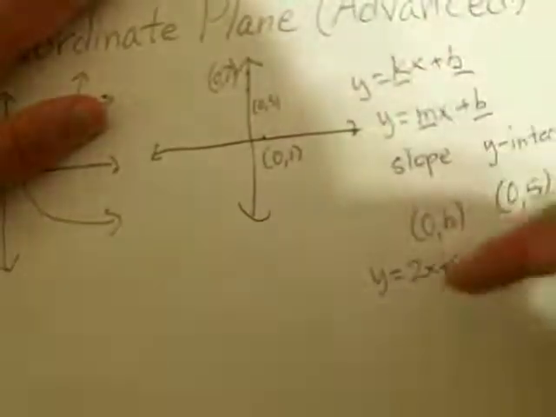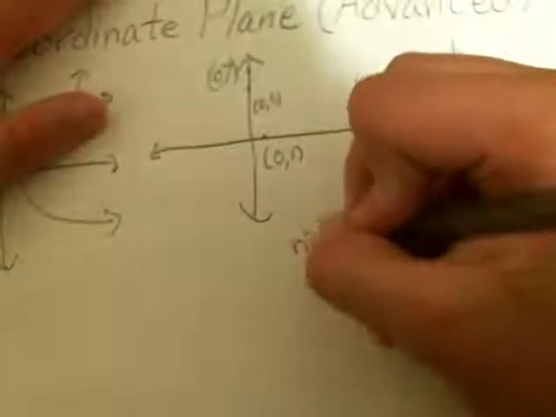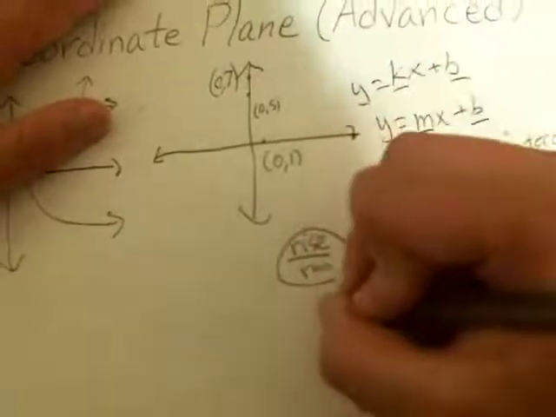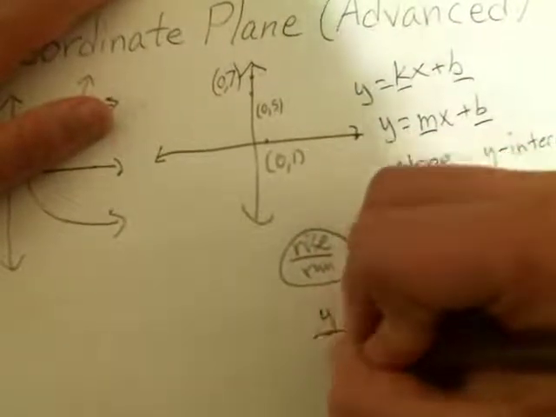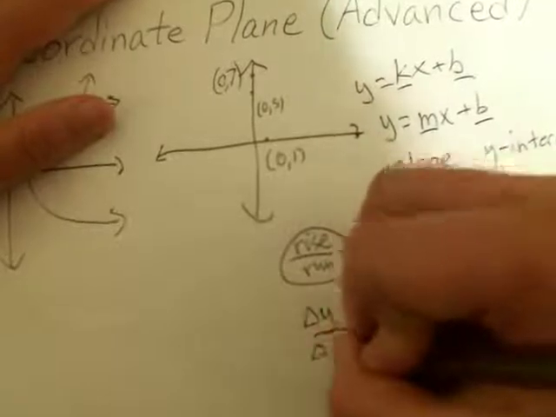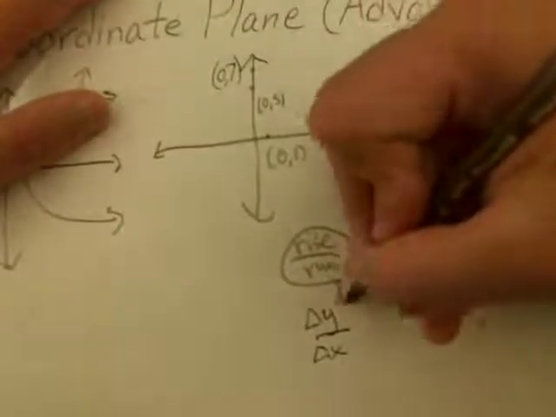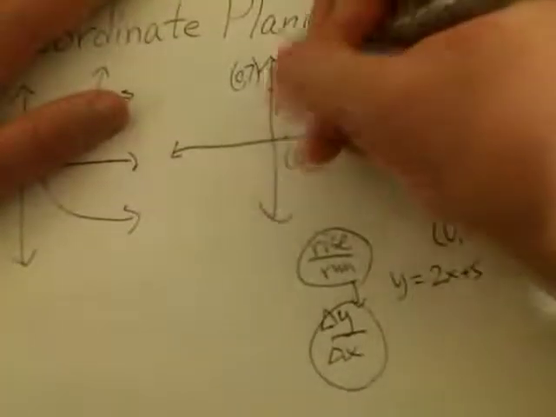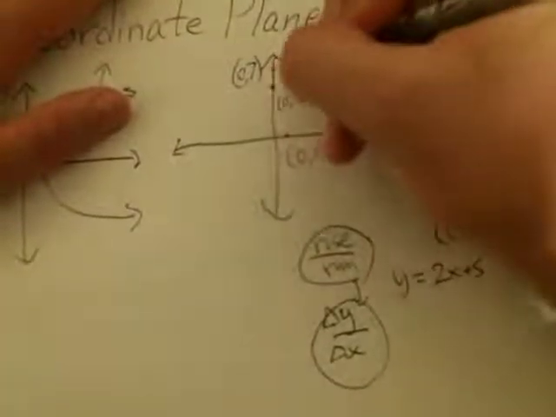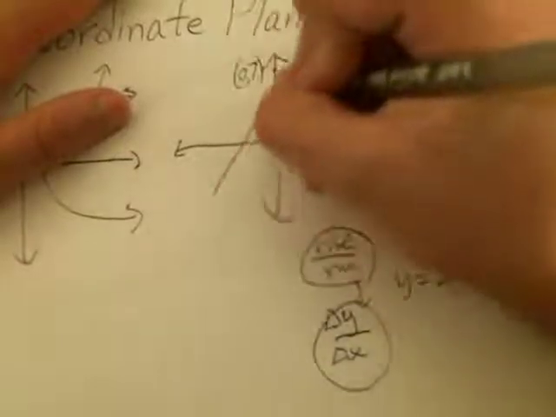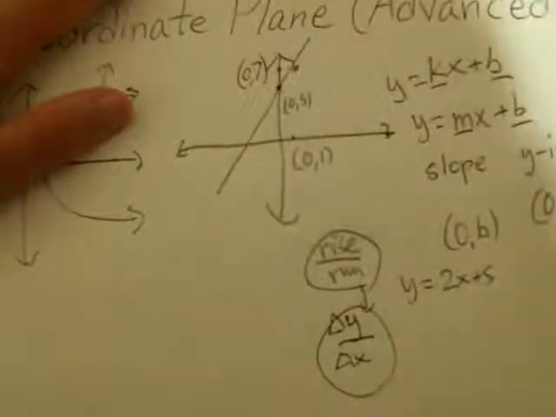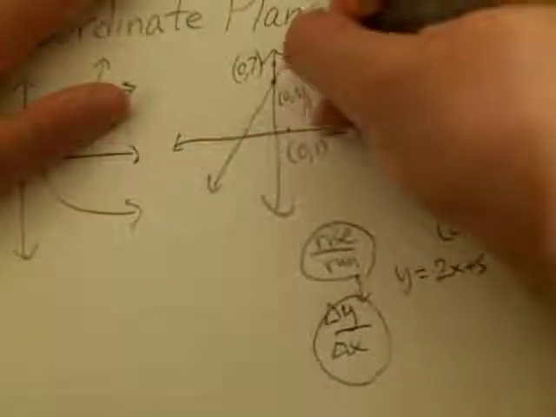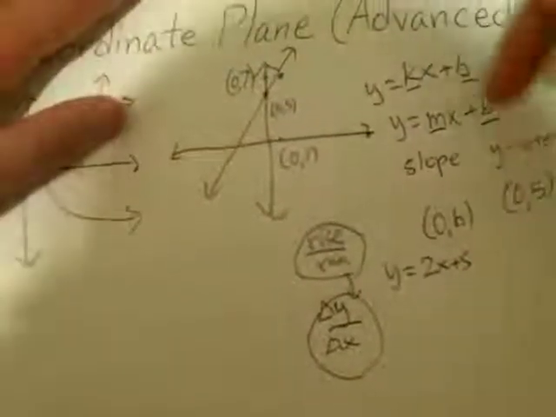So 2 here is the rise over the run, which is the change in y over the change in x. We would take these two points and make a line intersecting those two, and that would be our graph for 2x plus 5.